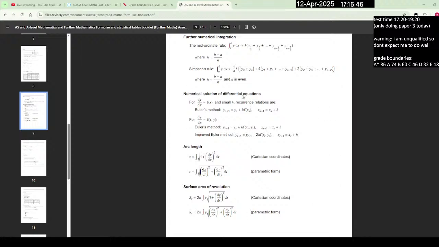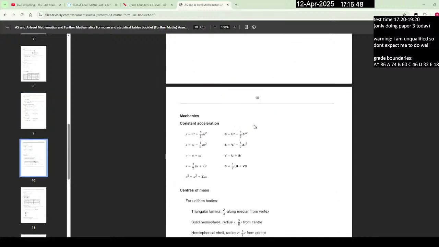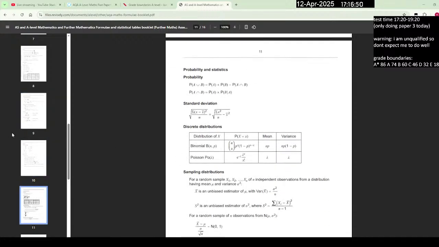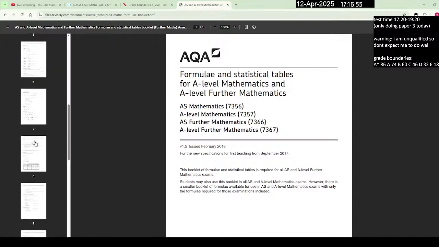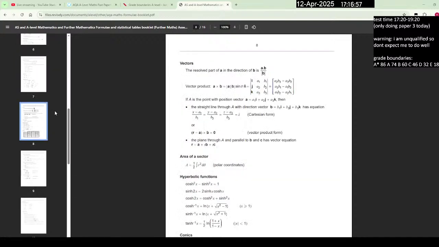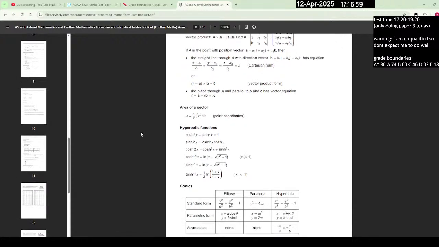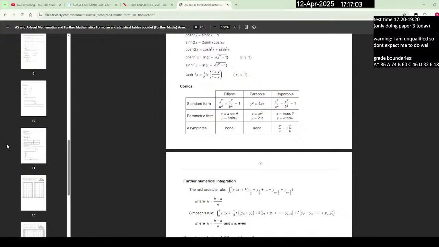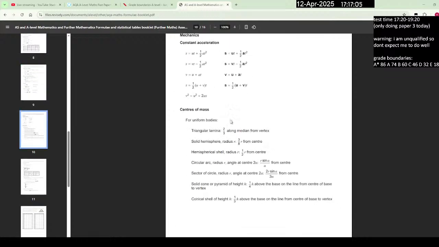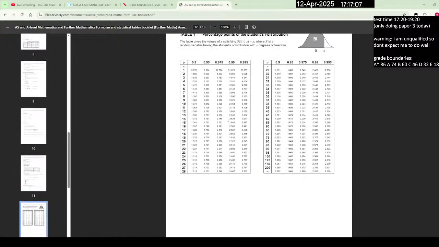I don't even think this is required if you're not doing further math. This is for both math and further math, so some of this stuff obviously isn't required. But I can refer to any of this stuff while I'm doing the paper.